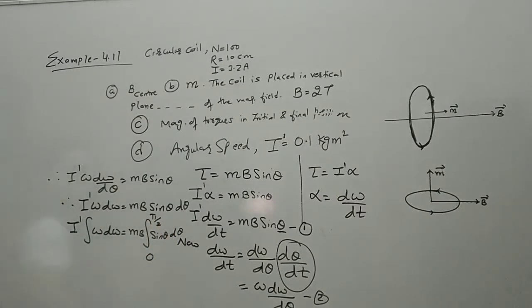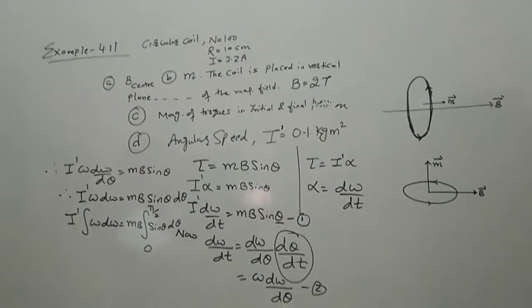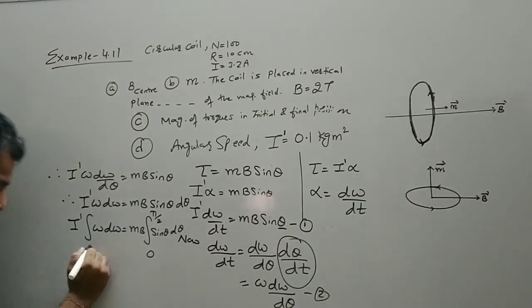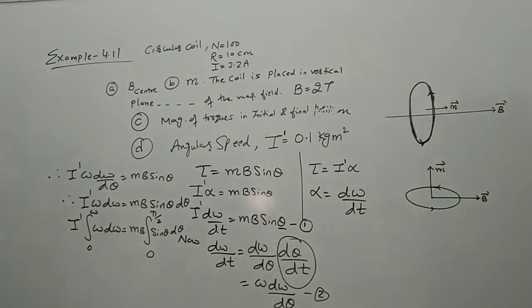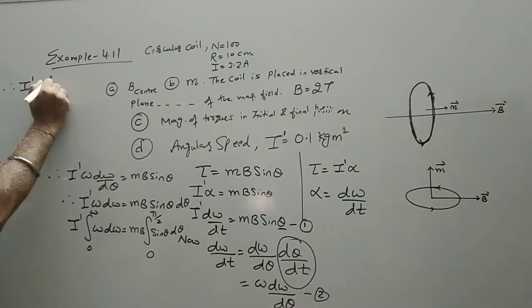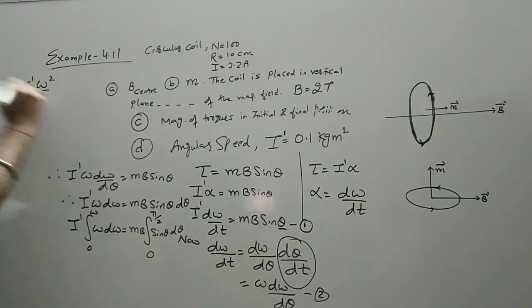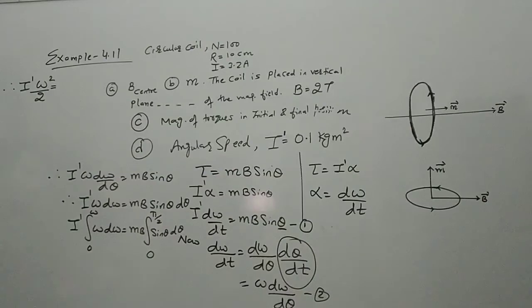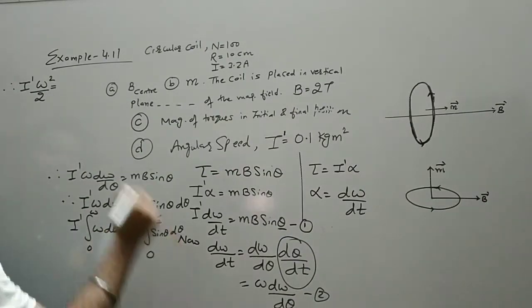Here the dipole is initially in the normal position, so its omega is 0. So the limit becomes 0 to omega. Therefore I', then omega d omega, the integration becomes omega square by 2, that is equal to mB sin theta d theta.